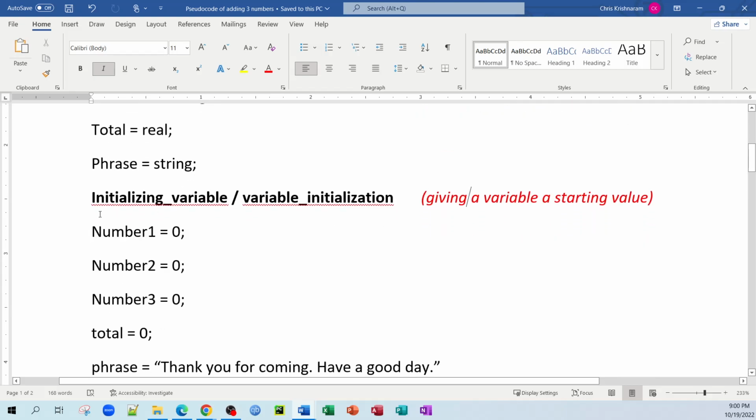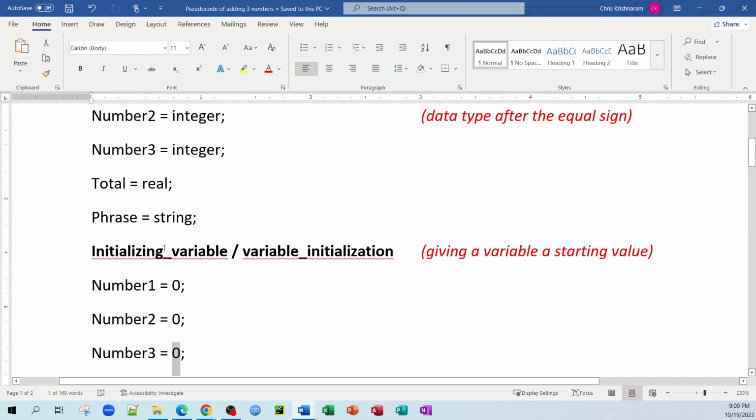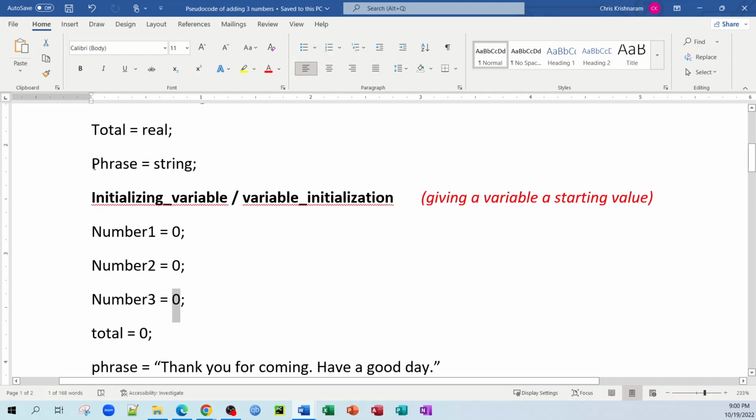So for instance, we could say that number 1 is going to start off with a 0, number 2 is going to start off with a 0, number 3 is going to start off with a 0. And if you notice, it's similar to the declaration. You say what the variable is and you say what the value is.